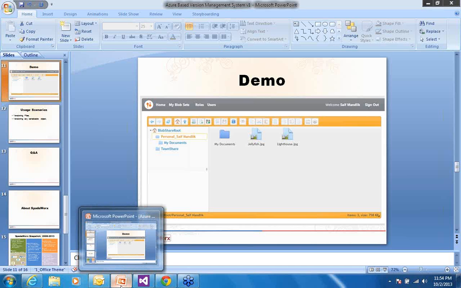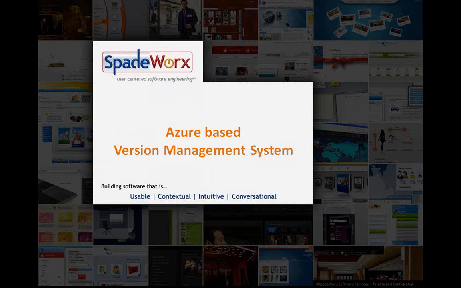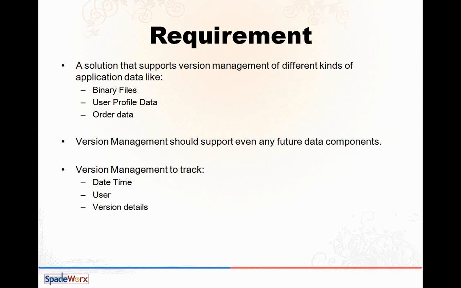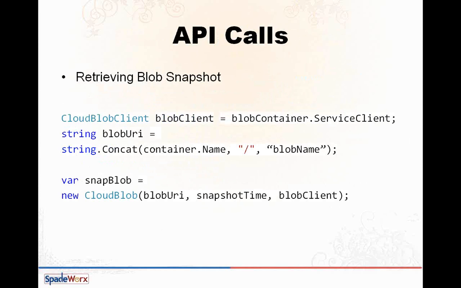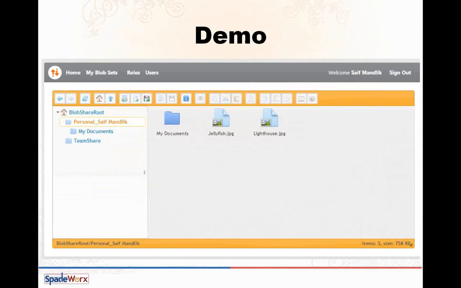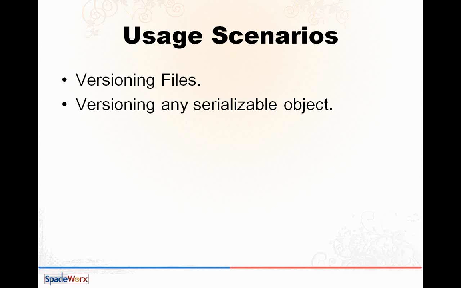Now the usage scenario for this is, again, as we mentioned at the start, if you want to develop a kind of version control or version management system where you want to maintain different versions of the file.